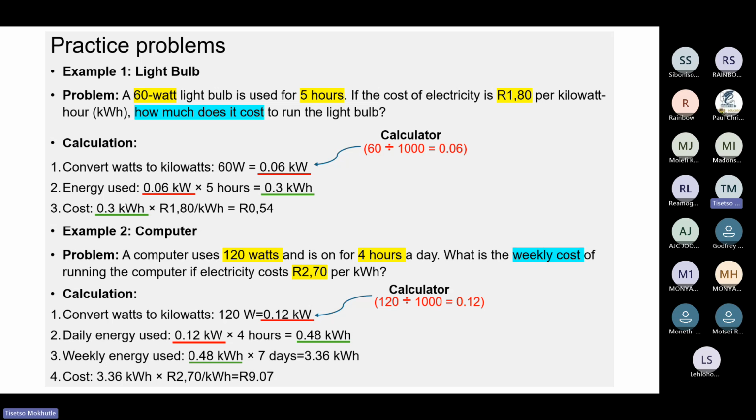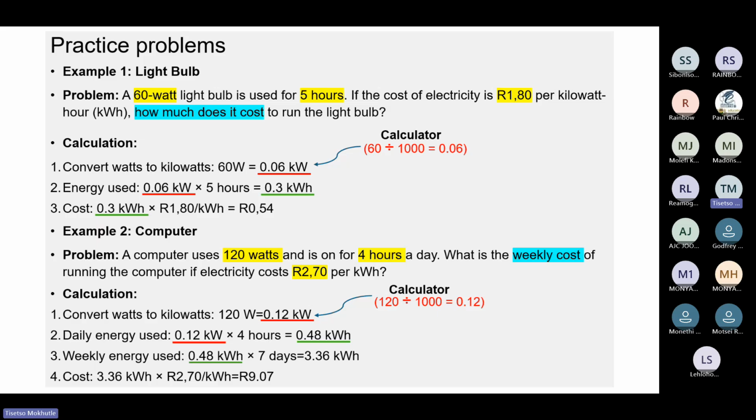The answer is the cost. So remember, we first have to calculate energy. First, we must convert watts into kilowatt. You see, it's 60 watt. It must be in kilowatt. It means we must divide by 1,000. It will give us 0.06 kilowatt.